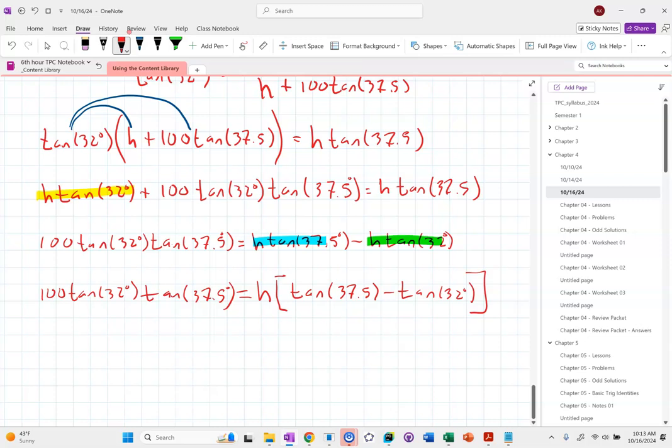Does everybody see what I did there with the h? And then my final step will be to divide both sides by tan 37.5 minus tan 32. And that'll get the h by itself, right? I know that was some intense algebra.